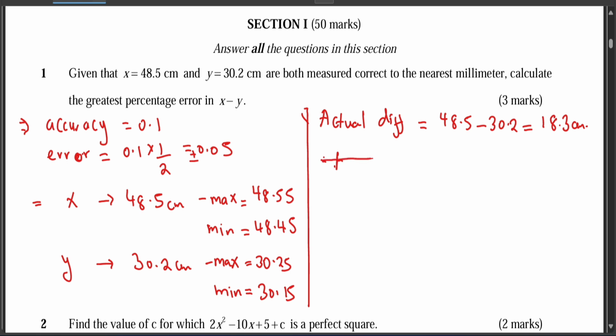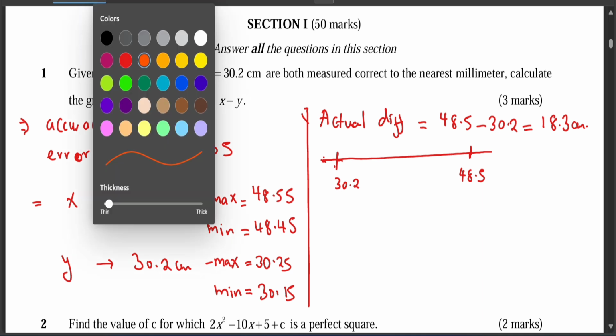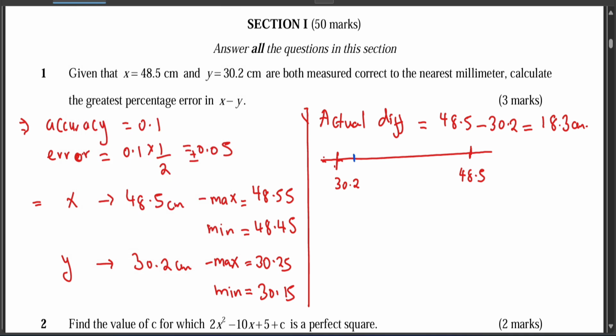Okay, 48.5 is here, you see, and 30.2 is here. Now its maximum values and minimum values: you'll see the maximum of 30.2 is here, the minimum of 48.5 is here. The maximum of 48.5 is here, the minimum of 30.2 is here.